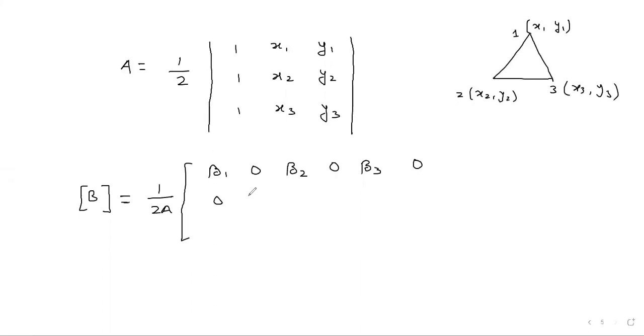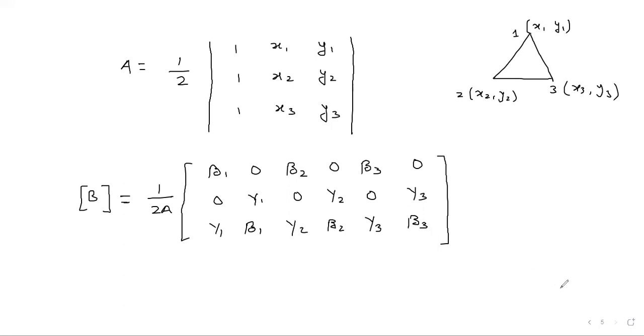Next: 0, gamma 1, 0, gamma 2, 0, gamma 3. Next: gamma 1, beta 1, then gamma 2, beta 2, then gamma 3, beta 3. So this is your B matrix.